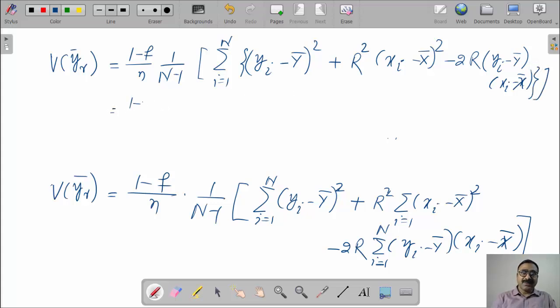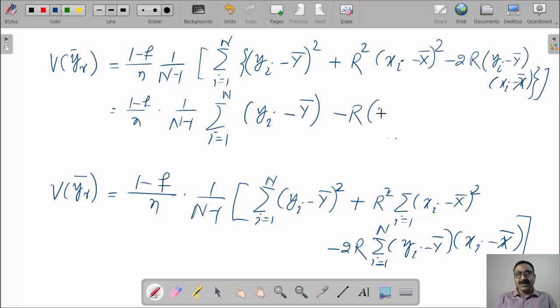This is equal to (1 minus f) by n into 1 by (n minus 1) summation i equal to 1 to n (yi minus y bar minus R (xi minus x bar)) whole square.